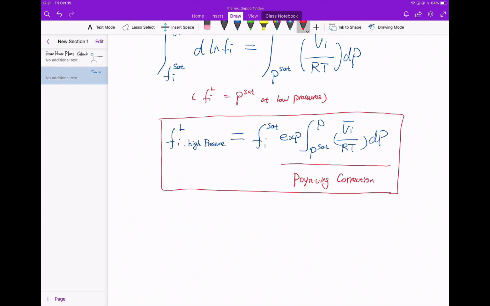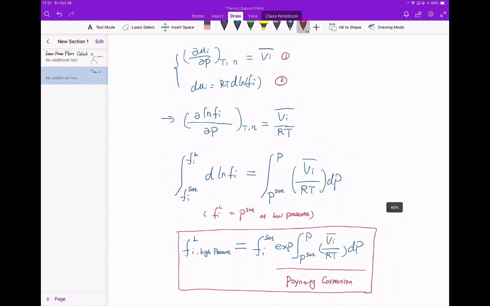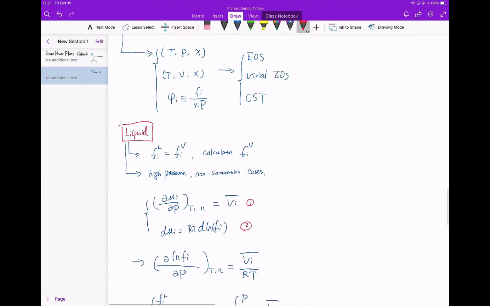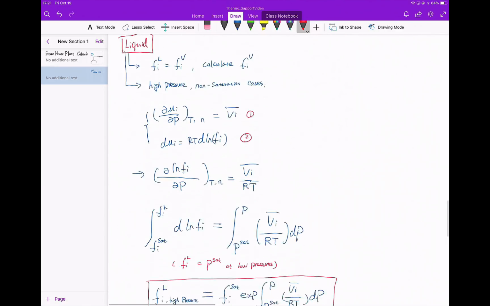You have no access to vapor, you only have liquid-solid equilibrium, and the pressure is really huge, so you want to run an exact calculation. This is the way to go. So this is equation 8.